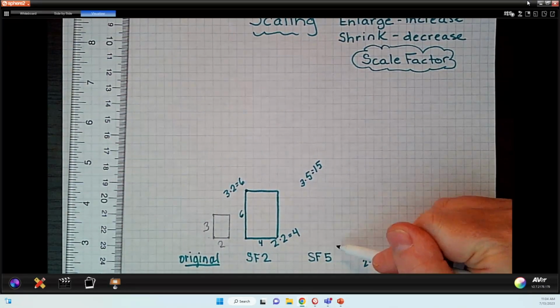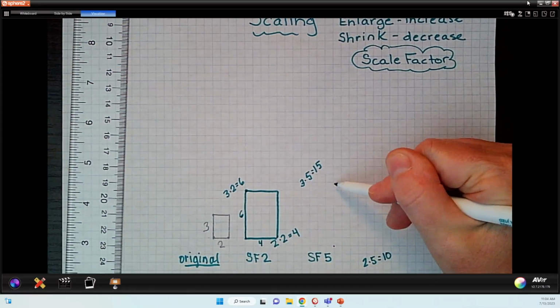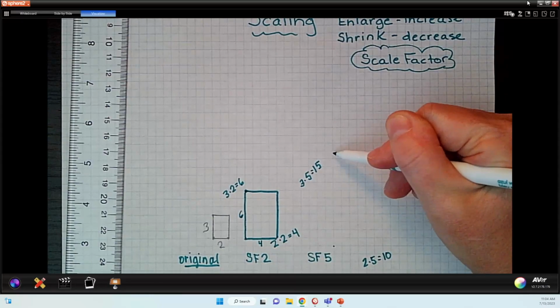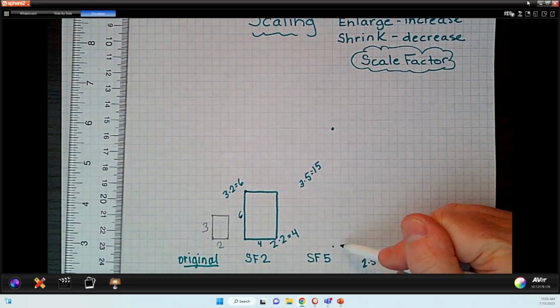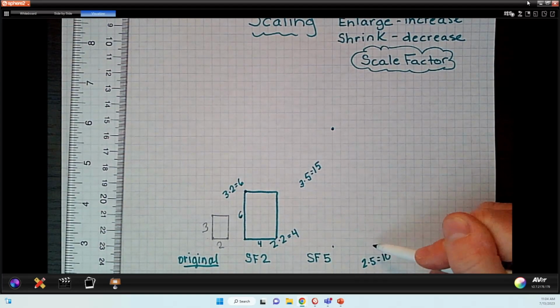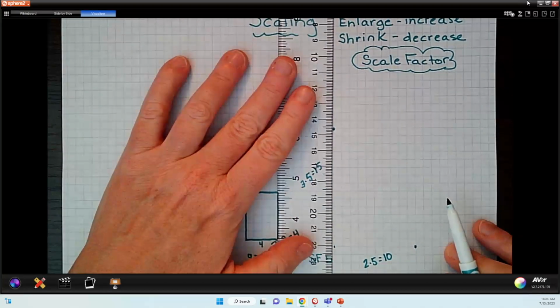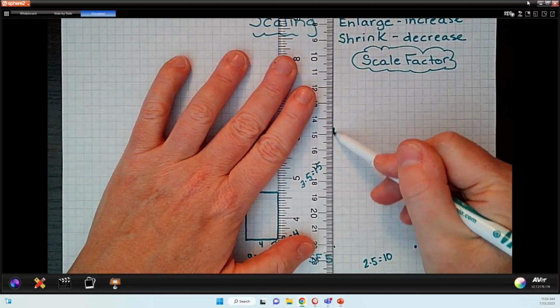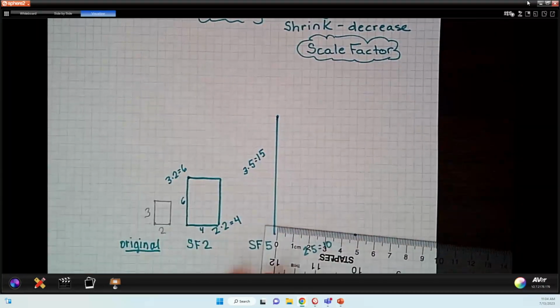I'm going to go ahead and count that out. 1, 2, 3, 4, 5, 6, 7, 8, 9, 10, 11, 12, 13, 14, 15. So you can see it's pretty big. And then I'm going across 10. 1, 2, 3, 4, 5, 6, 7, 8, 9, 10. I'm going to use a ruler to connect these just to make it nice and straight. There's my height or my length, width.